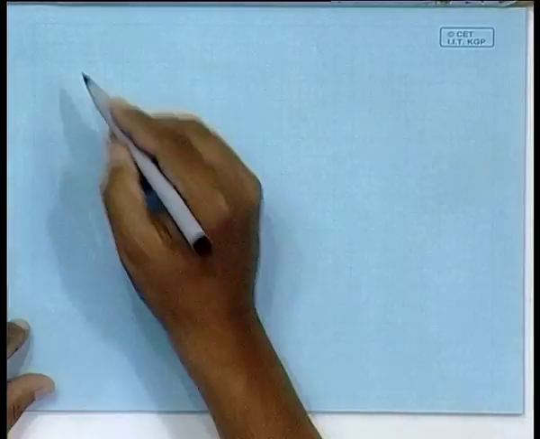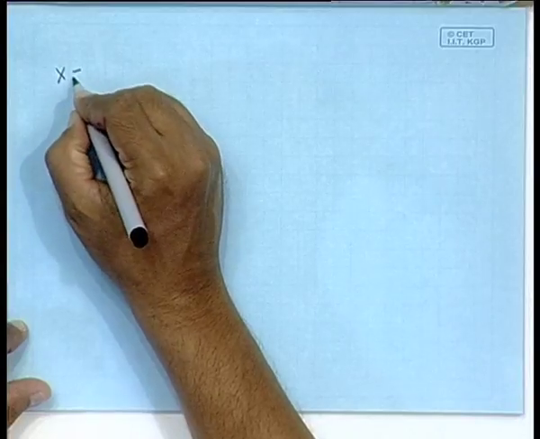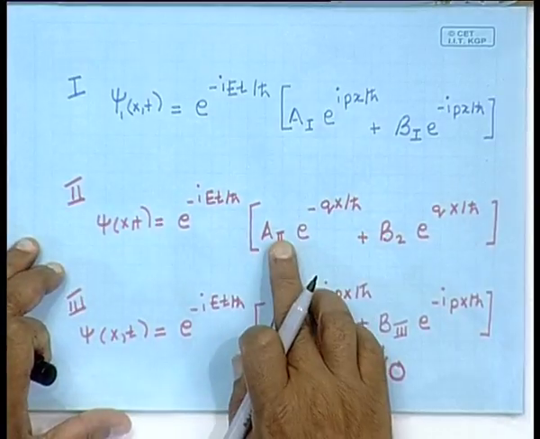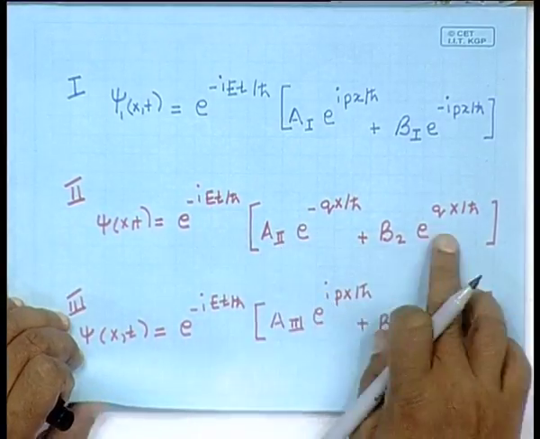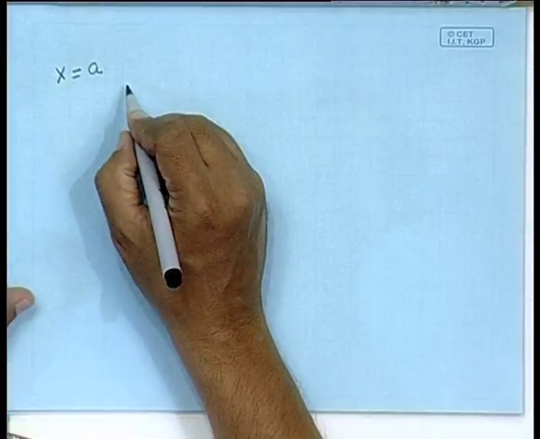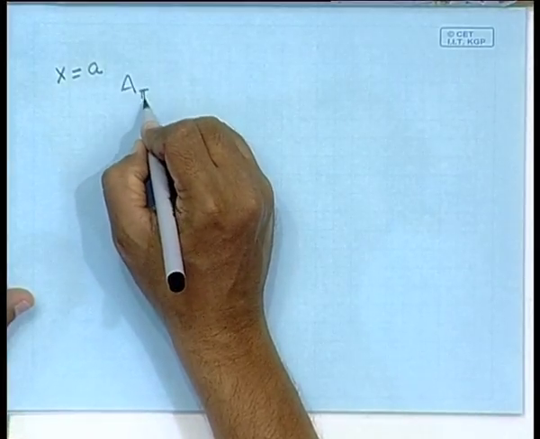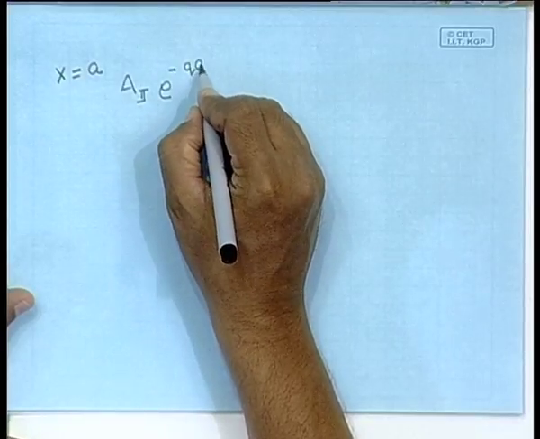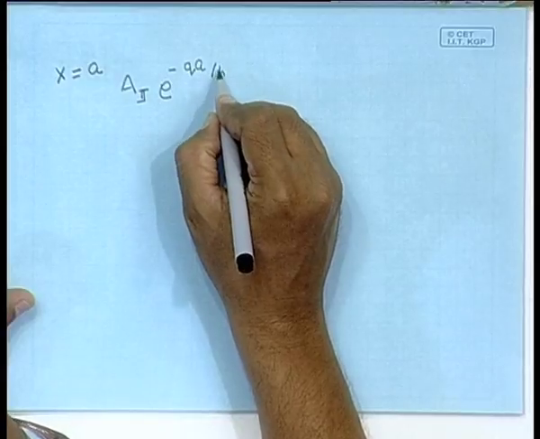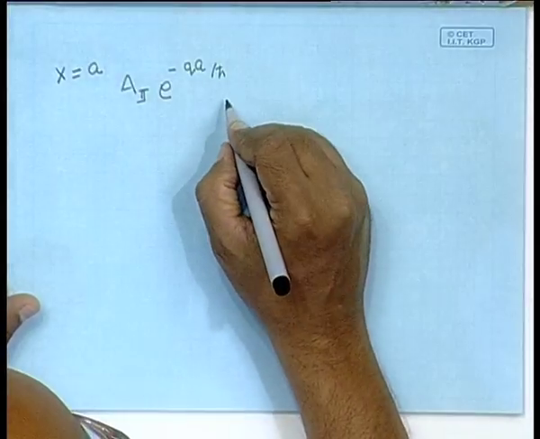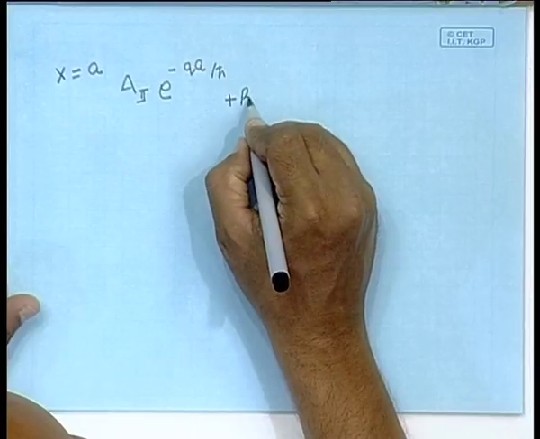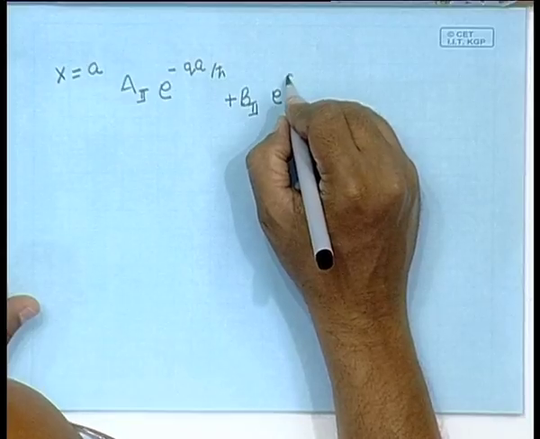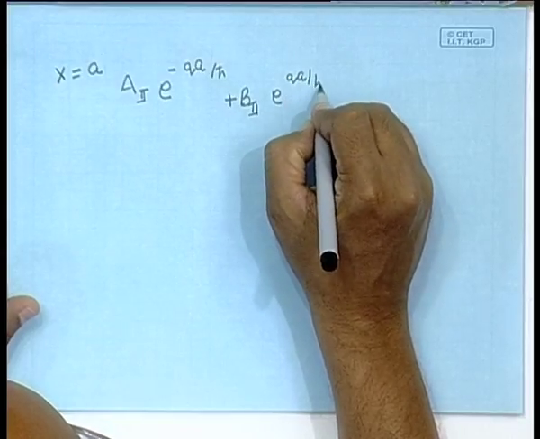We are looking at the interface at x equal to a, and matching the boundary conditions, on the left hand side we have A2 e to the power minus q a by h cross plus B2 e to the power q a by h cross.